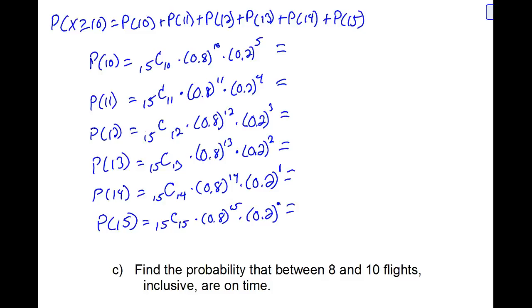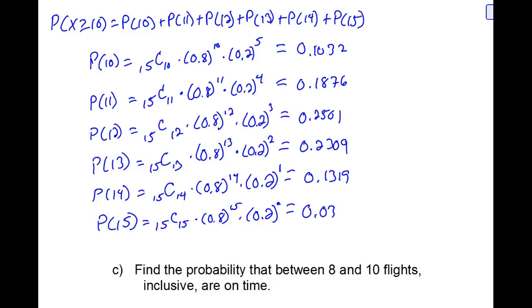And getting that value for each one is going to be 0.1032, 0.1876, 0.2501, 0.2309, 0.1319, and 0.0352.